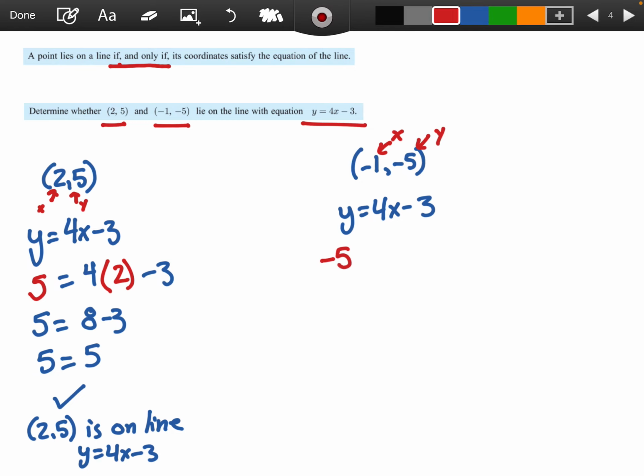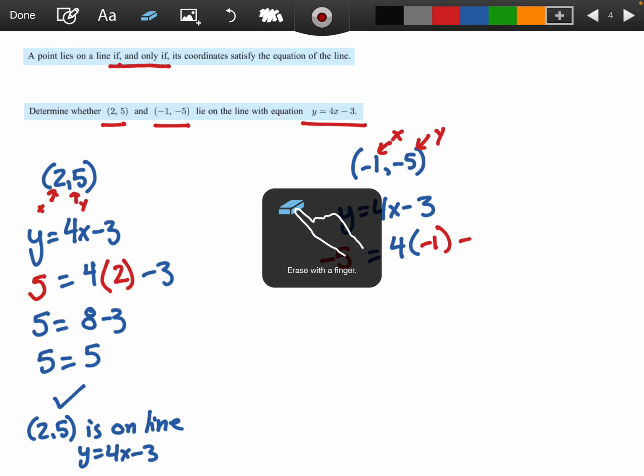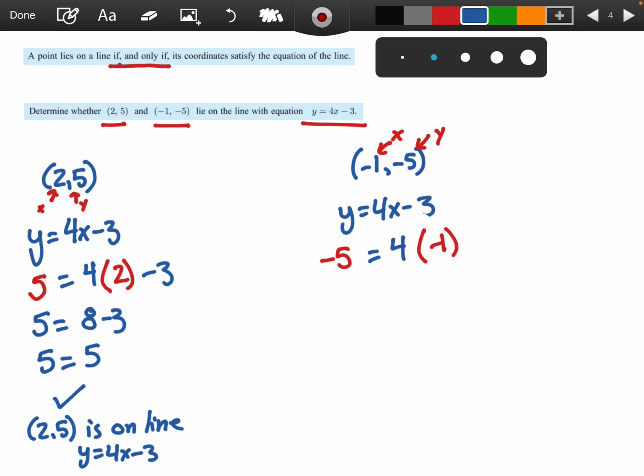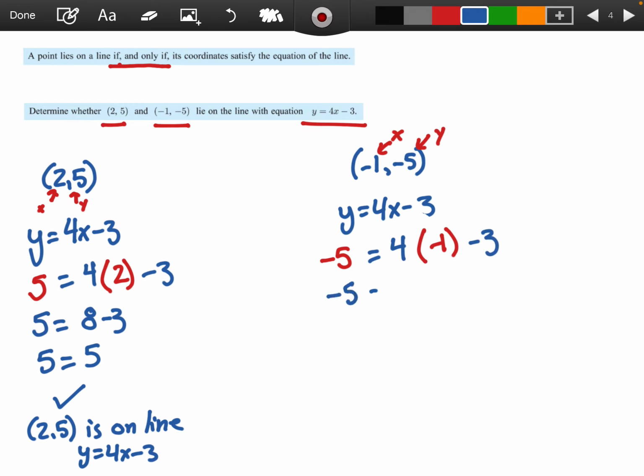So we've got -5 equals 4, replace x with -1, minus 3. Let's see if this works. -5 equals 4 times -1, which is -4, minus 3. -5 equals -7.